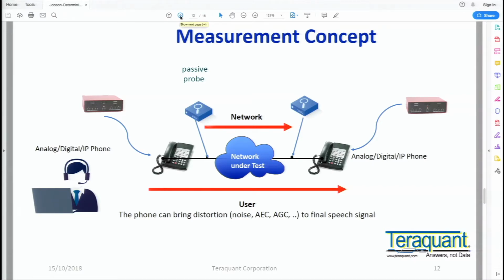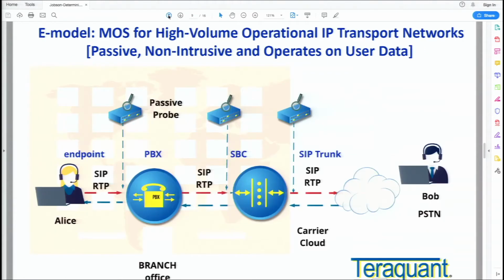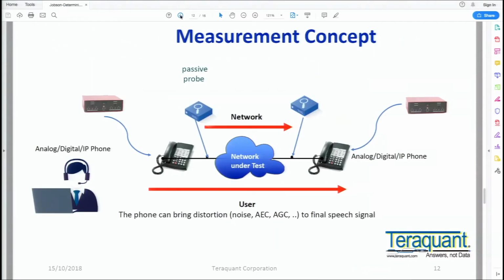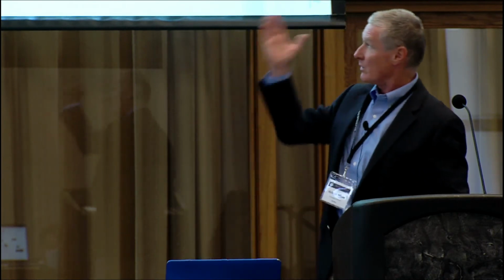So this is the problem that's going to be solved by just passively monitoring, and we can pick out packet loss and jitter and isolate where it is within the network. If we have a clean network with zero packet loss and customers are still complaining of problems, we need to dig deeper and do measurements at the audio layer.